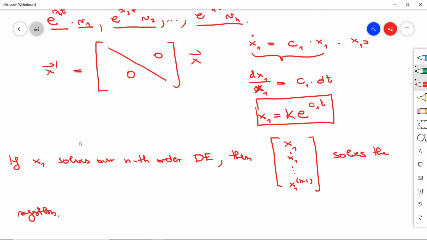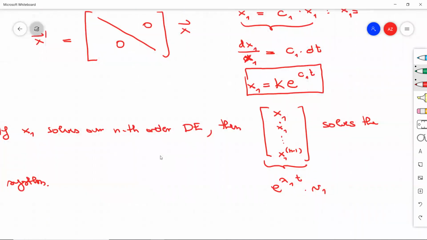And this vector, with x1's n minus first derivative, is in fact e to lambda 1 t times v1. So this is one of those solutions above. So what is then x1?